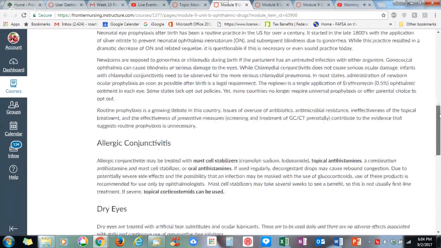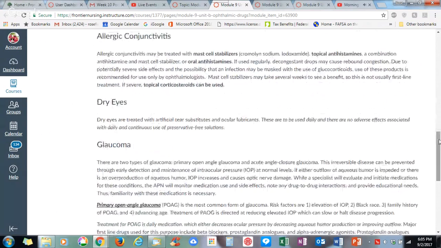Allergic conjunctivitis can be treated with mast cell stabilizers, such as cromolyn sodium, iodoxamide, topical antihistamines, a combination antihistamine and mast cell stabilizer, or oral antihistamines. If used regularly, decongestant drops may cause rebound congestion.